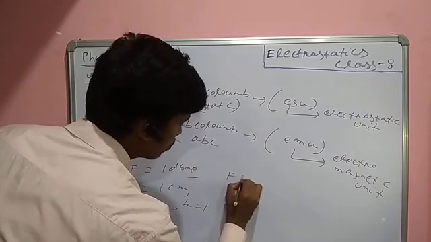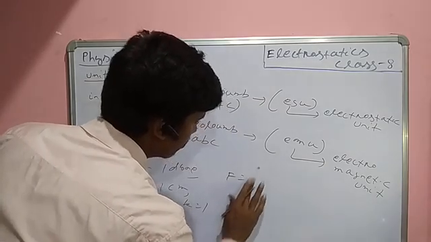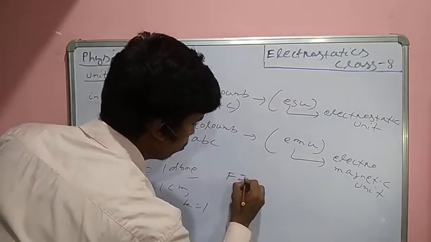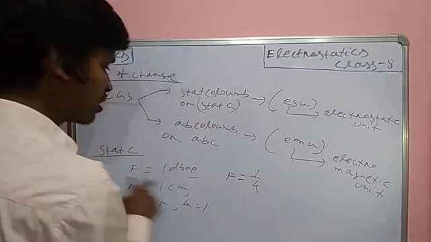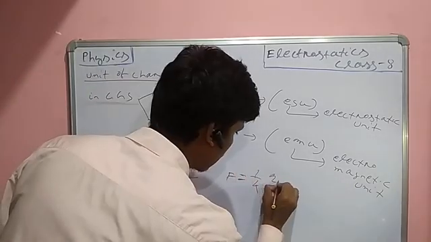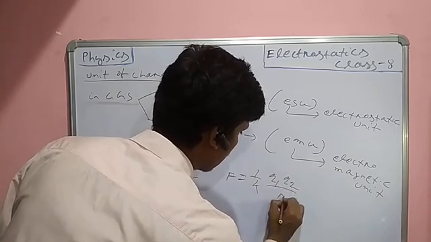That means F is equal to beta, beta is also written as 1 by K. In the CGS system, F is 1 by K, Q1 Q2 by R square.